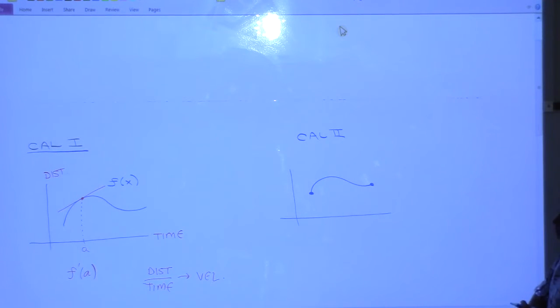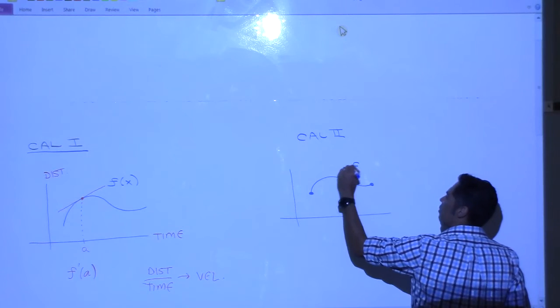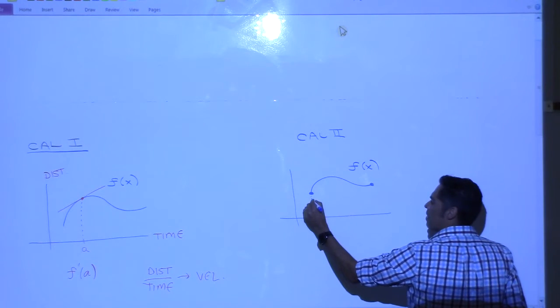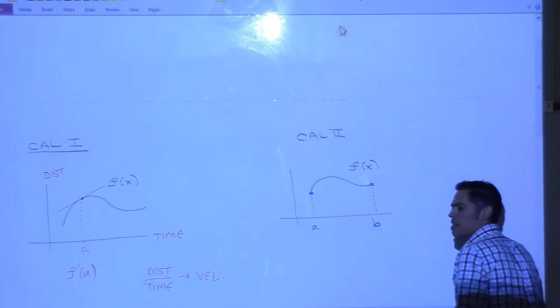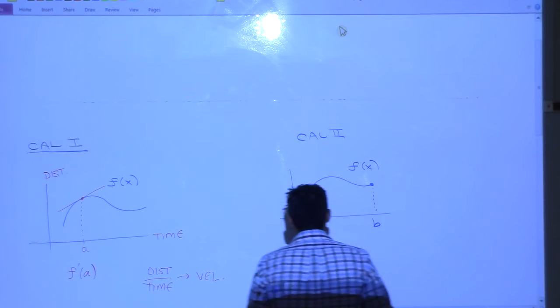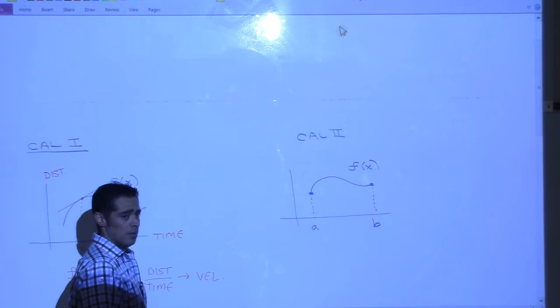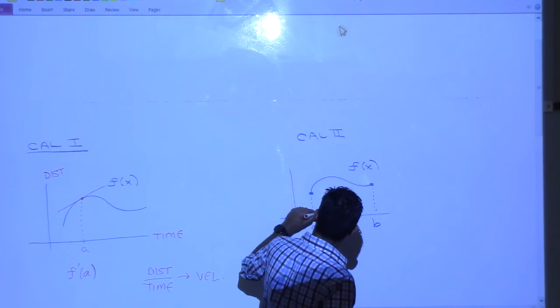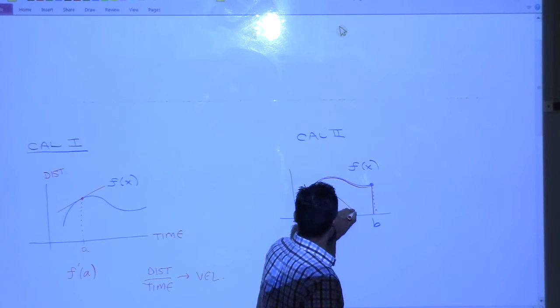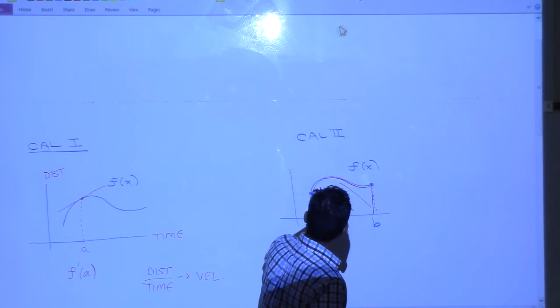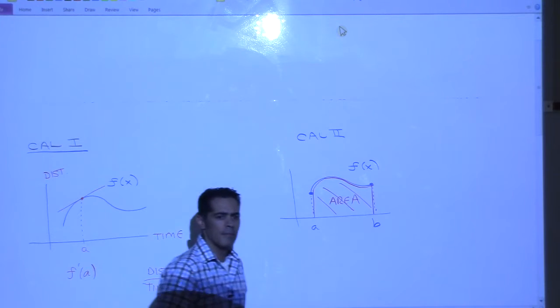So we're going to look at a function on a closed interval, between 2 points, let's call this A, let's call this B. And we're going to be asking ourselves whether or not it's possible to calculate the area underneath that curve.